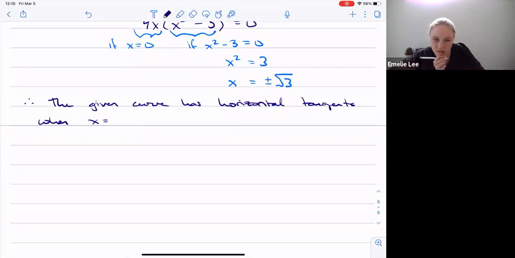4x to the 3 minus 13x. I would still extract a common x to the outside, so then you'd have x times 4x squared minus 13, and then you'd have a very similar situation, right, if you've got an x in both.